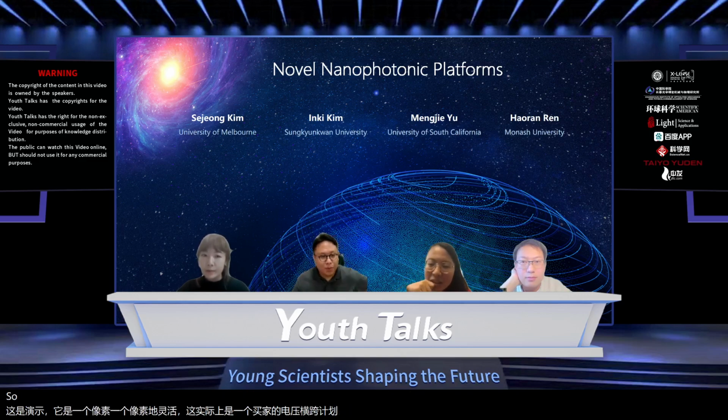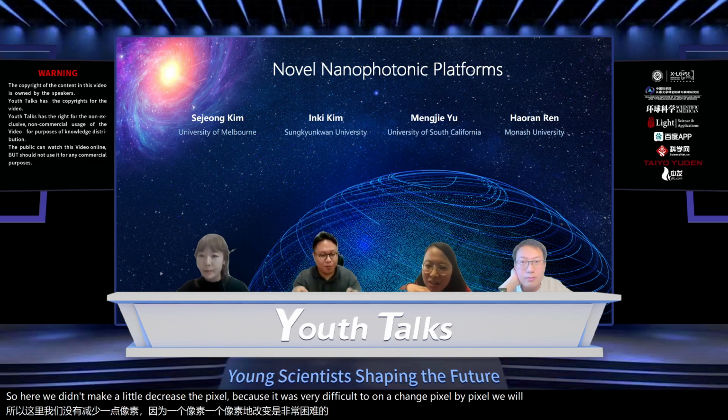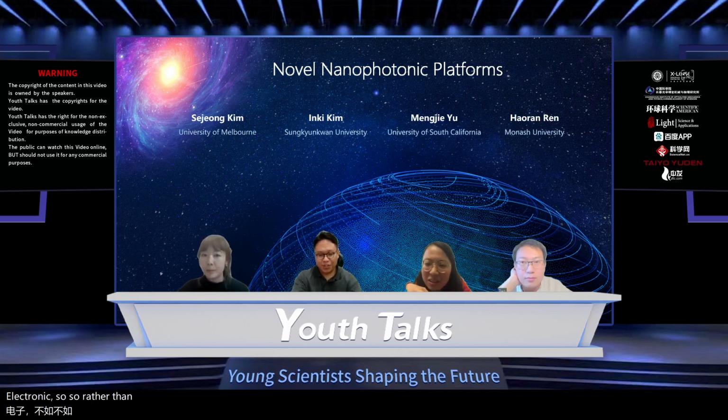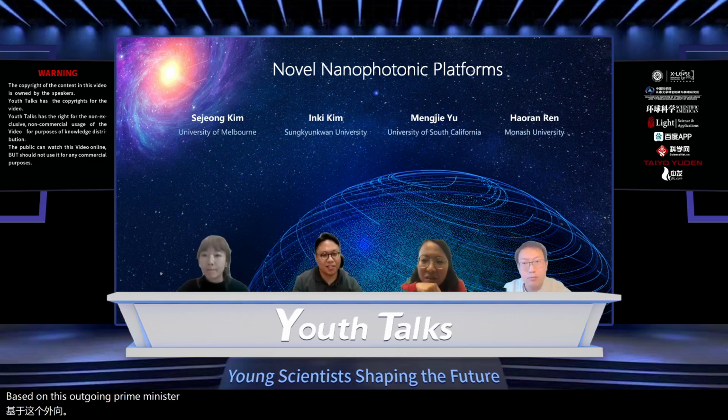So here we didn't make a liquid crystal pixel because it was very difficult to change pixel by pixel. We need very complicated electronics. So rather, we just use a simple large area liquid crystal. We are just changing the outgoing polarization state, and on top of the liquid crystal we have metasurfaces. So the metasurface can do something based on this outgoing polarization state.